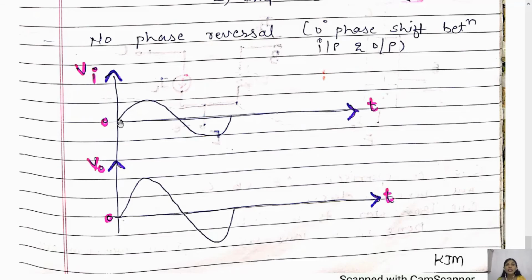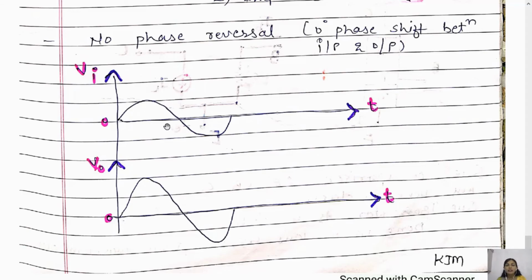When you draw the waveforms of input versus time and output versus time, it is very interesting that the signal will be amplified, meaning it will be more than the input signal. Look at this. The output amplitude is larger than the input amplitude. Magnitude will be increased, that means the signal is amplified as per the feature.